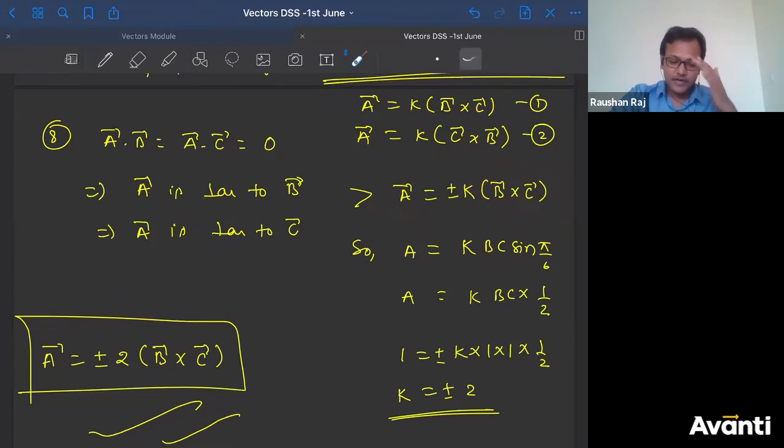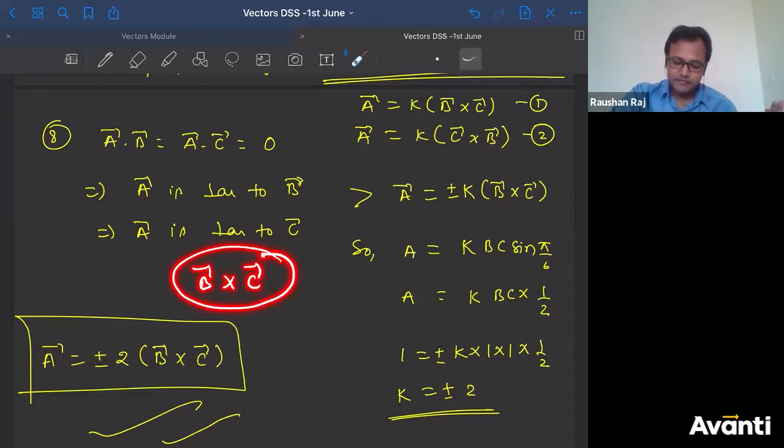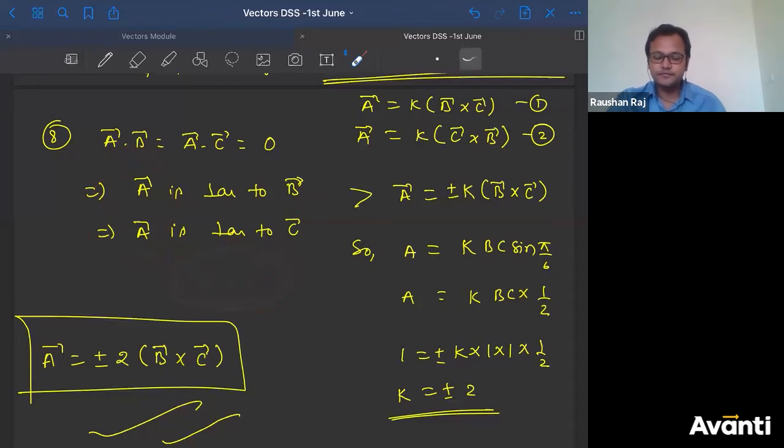Please analyze it properly. Don't think some spoon feeding will come. Please use your brain. A is perpendicular to B and A is perpendicular to C. That means if I find B cross C, I am getting a vector which is perpendicular to both of them. That is nothing but A. So A and the cross product of B and C must be parallel. That is why I have written like this. Got it?